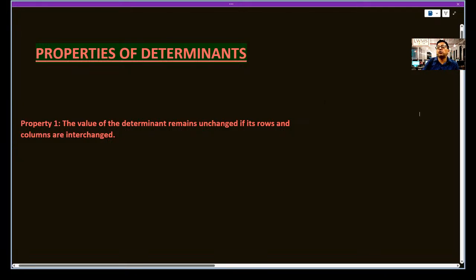So I will just remind you of those properties of determinants once, then I will be solving a few sums so that you can start on your own from your textbooks or from any book. Property 1, just a quick revision: the value of a determinant remains unchanged if its rows and columns are interchanged.